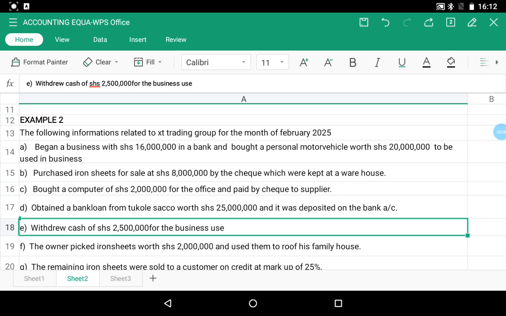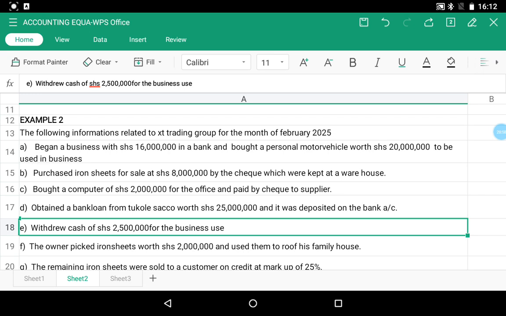Of course, when you withdraw, maybe you are withdrawing from business, maybe you are withdrawing from bank account. But here, they withdrew cash to put into business. That means it was withdrawn from the bank account.